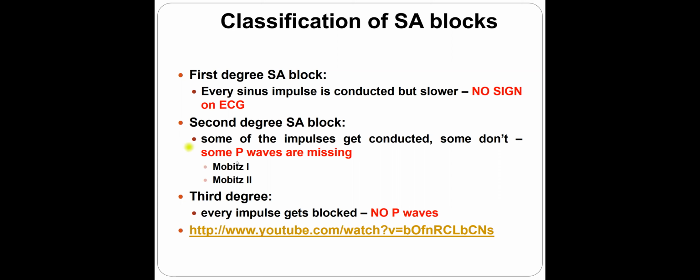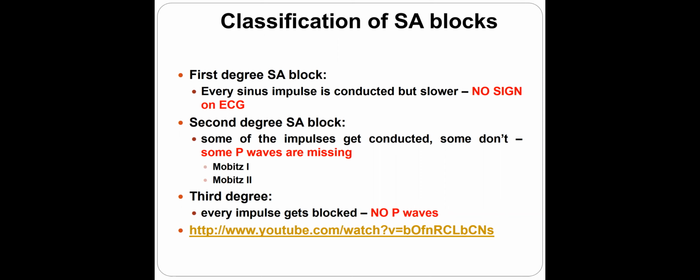However, we do see signs of the second degree SA block. What? We do see P, P, P, but sometimes the P's are missing. And in the third degree, there is no P wave at all, and we do have a junctional escape rhythm, but you don't see the sign of the P wave.